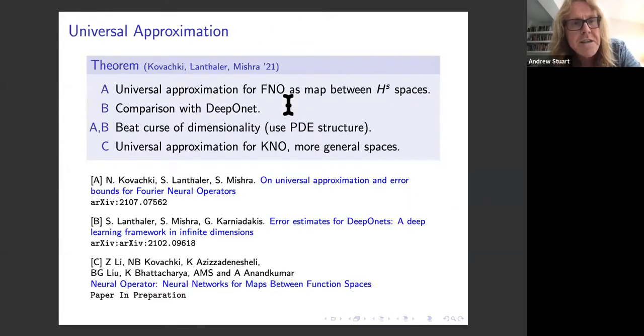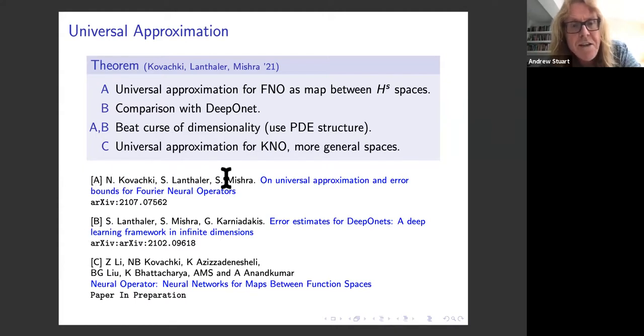Okay, so a question that is natural to ask is the one that has been answered for standard neural networks in finite dimensions, which is the question of universal approximation. And Sid, who is giving the next talk, is one of the leading experts on this question, together with his co-worker Samuel Lanthaler, who is a PhD student in Sid's group, and also Nikola Kovachki, who is a PhD student at Caltech. So there are a number of papers arising in this area. I'm not going to go into them in detail, but I would just draw your attention to 3 papers here.